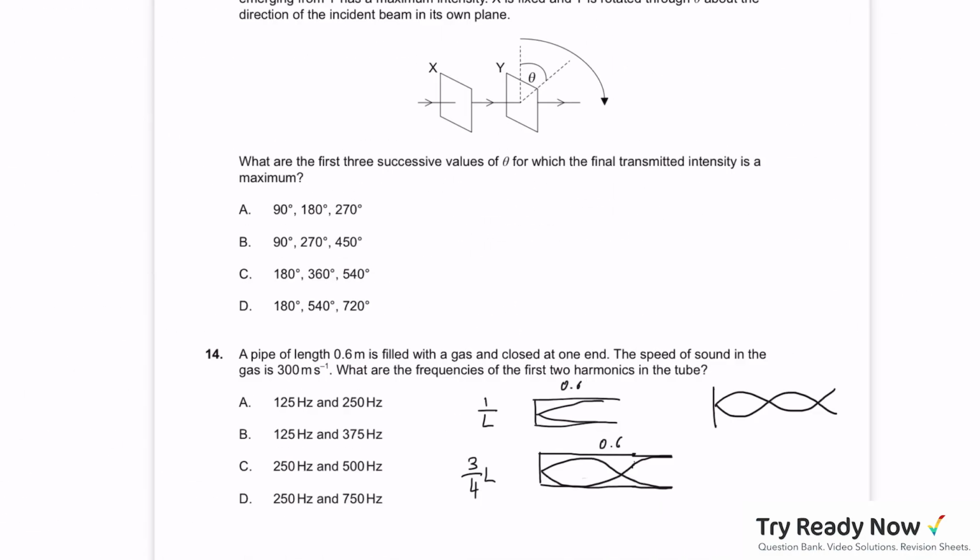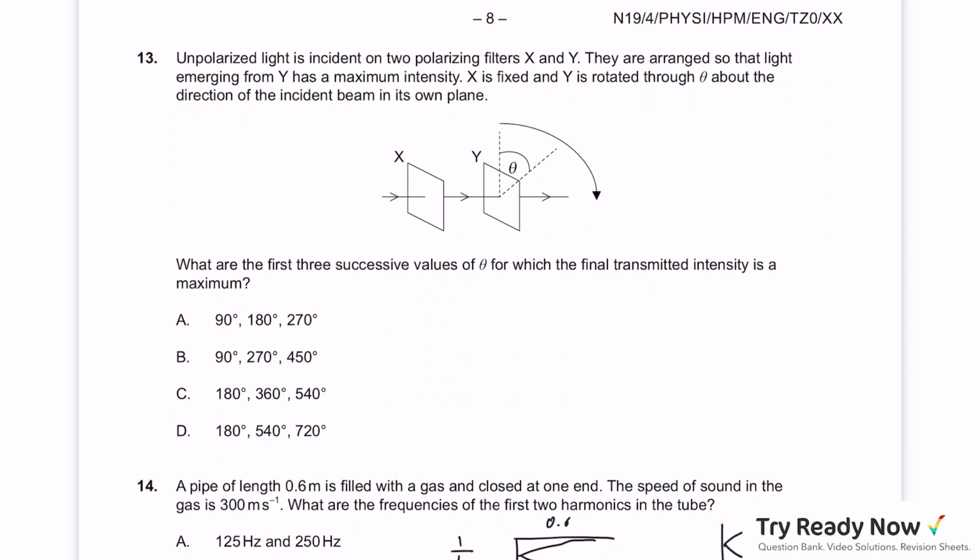So in question 13, what we have here is two polarizing filters, X and Y, and they're arranged so that the light emerging from Y has a maximum intensity. So to do this question, we just have to head to our formula booklet to find the formula for intensity, because we want the light here to have maximum intensity.